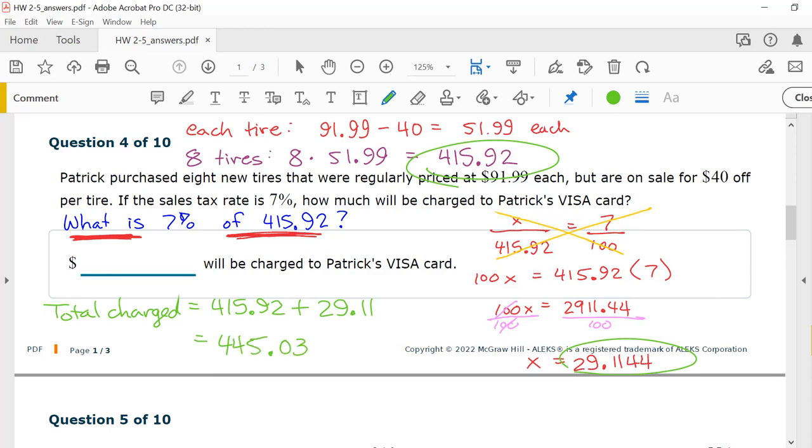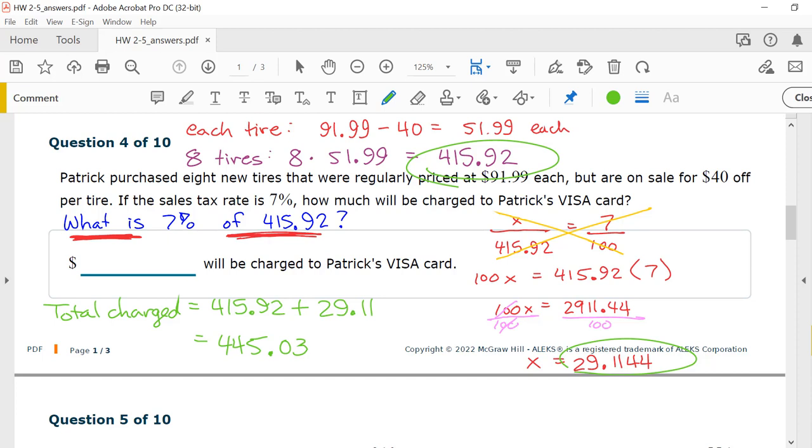So one more time, each tire was $40 off of the original $91.99, so each tire cost $51.99. He had to buy 8 tires, so 8 tires at $51.99 each came to $415.92. Then he had to pay a 7% sales tax.